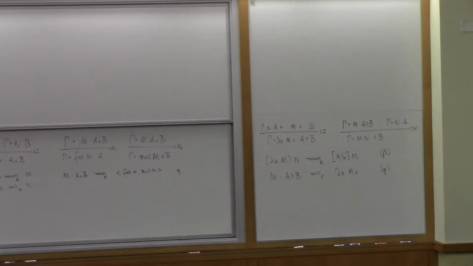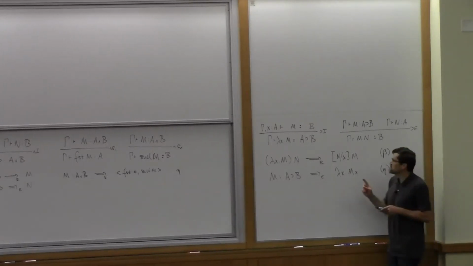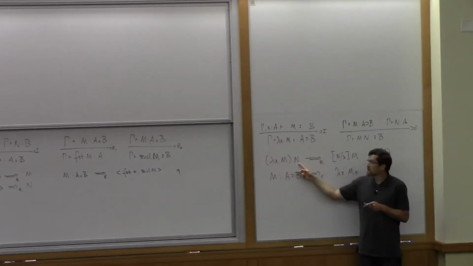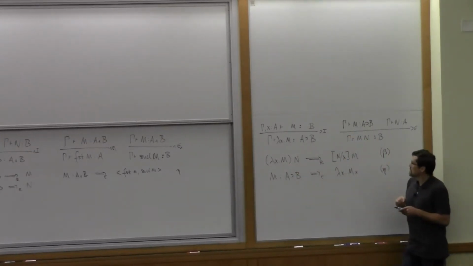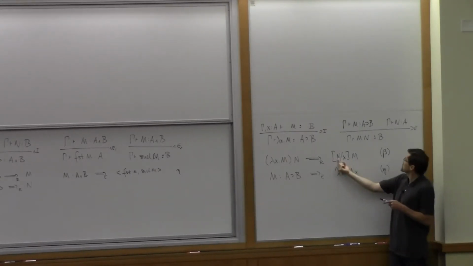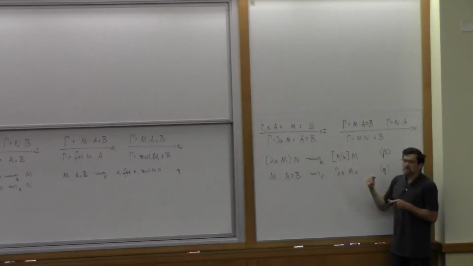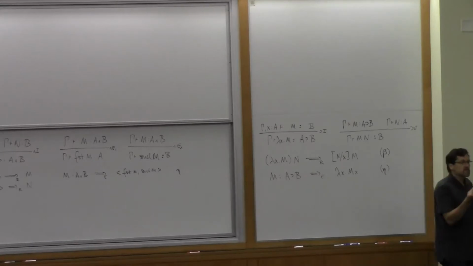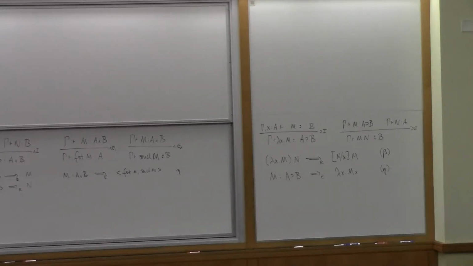So we have to find some way of engineering that the type's getting smaller, because here we introduce A implies B, and then we eliminate it. And so A implies B, that type is gone from the thing over here, right? Because we substitute a term of type A for a variable of type A in a term of type B, so the implication is gone. So we'll have to leverage that when we want to prove properties of this, which will be in the next lecture, not in today's.